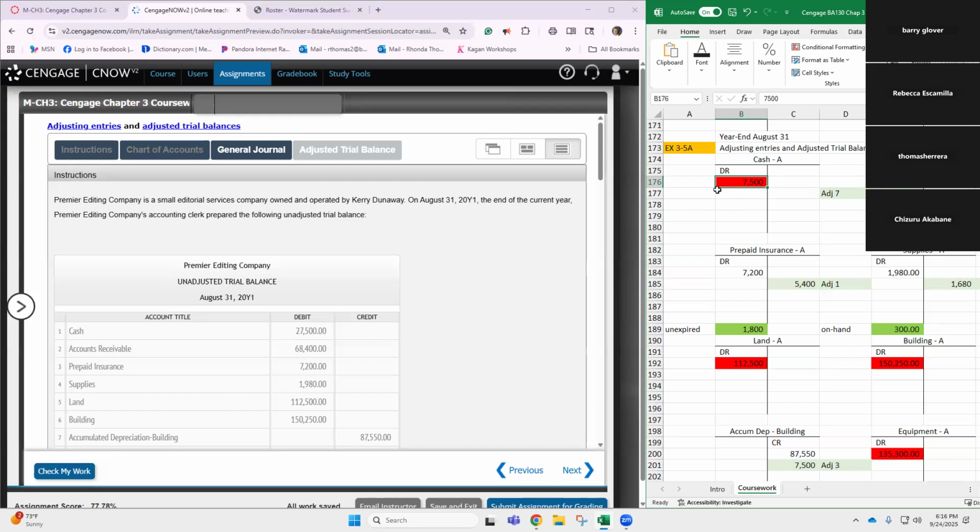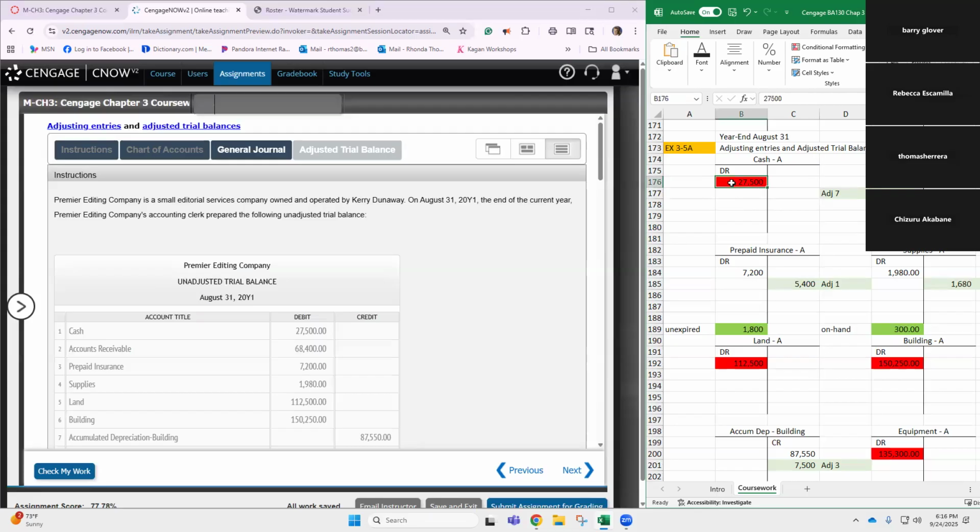Okay, so here's what we have. We have cash, and it has a beginning balance of $27,500. Everybody okay with that? My beginning balance in accounts receivable is $68,400.